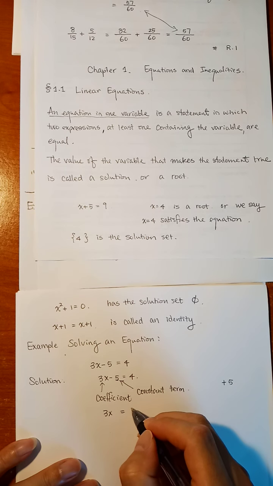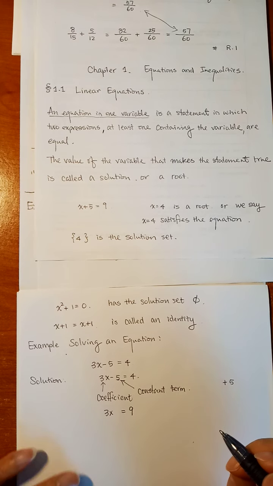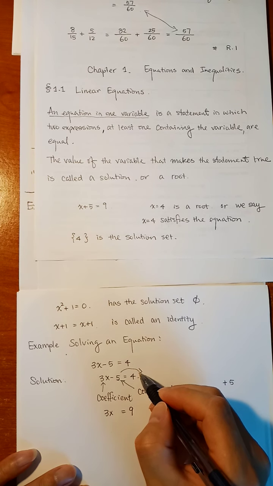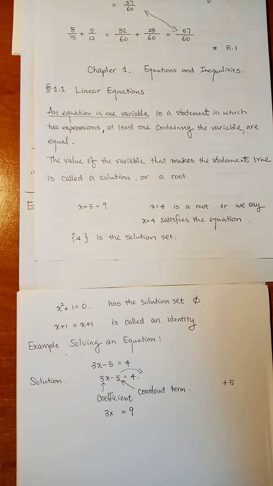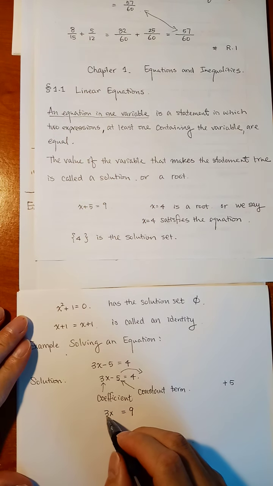They cancel. 4 plus 5 is equal to 9. Okay? So basically, I'm trying to move negative 5 to the right-hand side by adding a positive 5.